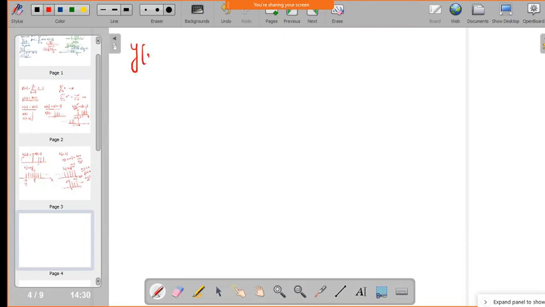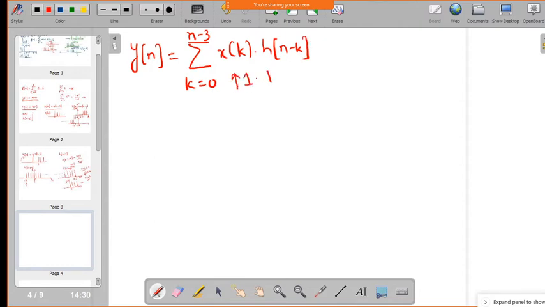That is y of n equals summation k equal to 0 to n minus 3 of x of k into h of n minus k. These values we already know, the amplitude values are equal to 1. So this becomes summation k equal to 0 to n minus 3 of 1.